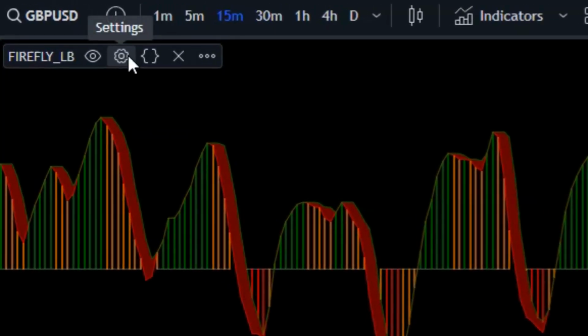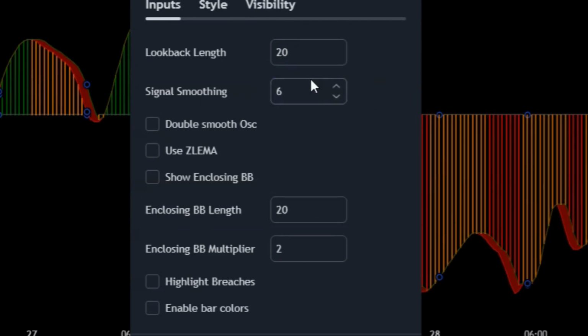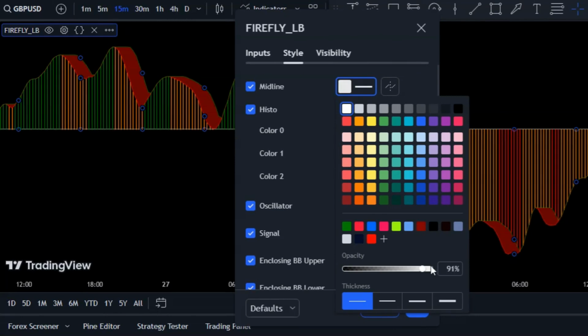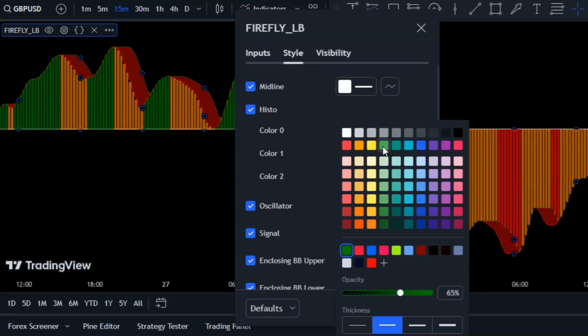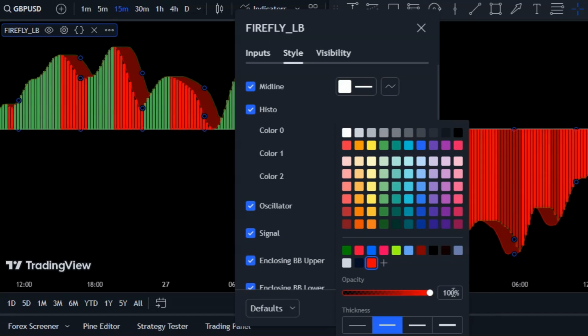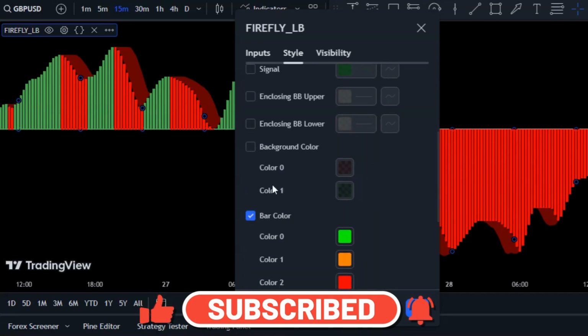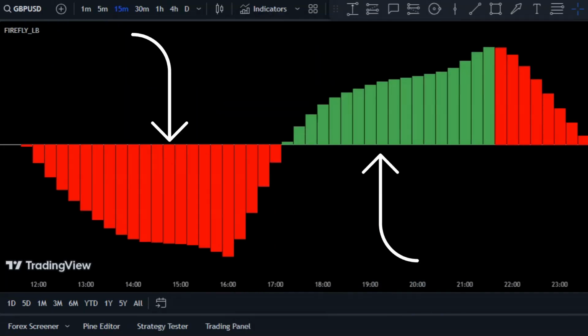Now don't forget to tweak its settings accordingly. After those changes, the green and red histograms in this indicator act as filters, helping us weed out signals with lower profit potential.